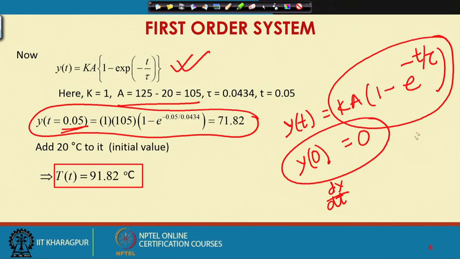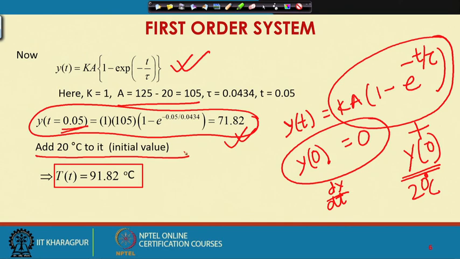So, whatever we obtain from this, we have to add y 0, which is 20 degrees Celsius. So, I get 71.82 degrees Celsius from here. I must add 20 degrees Celsius to it, which was the initial value. So, the thermometer will show 91.82 degrees Celsius at t equal to 0.05 second. So, this is the final answer.